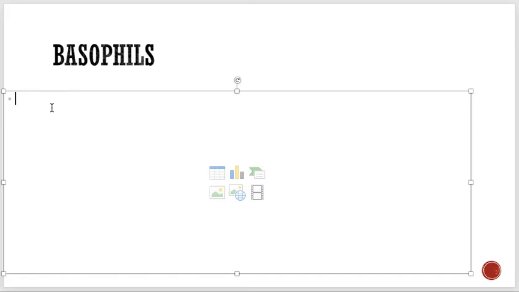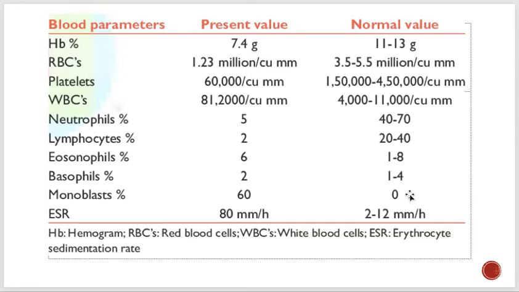And basophilia is simply when the cells are more than the value here, which is 1 to 4%. They are given in percent, right?